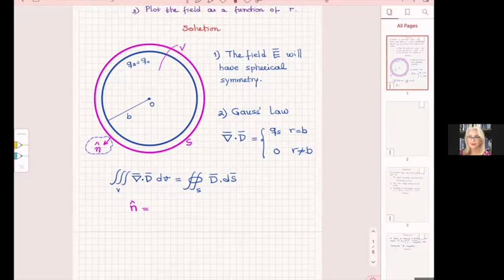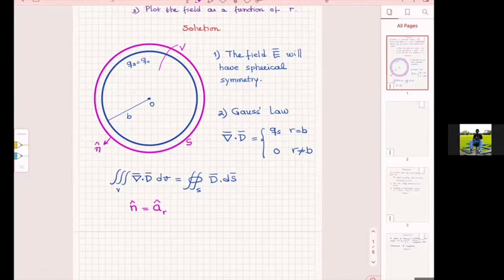Can you tell me? It should just be a function of r, right? It's going to be just the a sub r unit vector. Do you see that this vector n, which is just a unit vector in the direction of the surface, is identical with a unit vector along the radial direction? Is that clear to all of you?